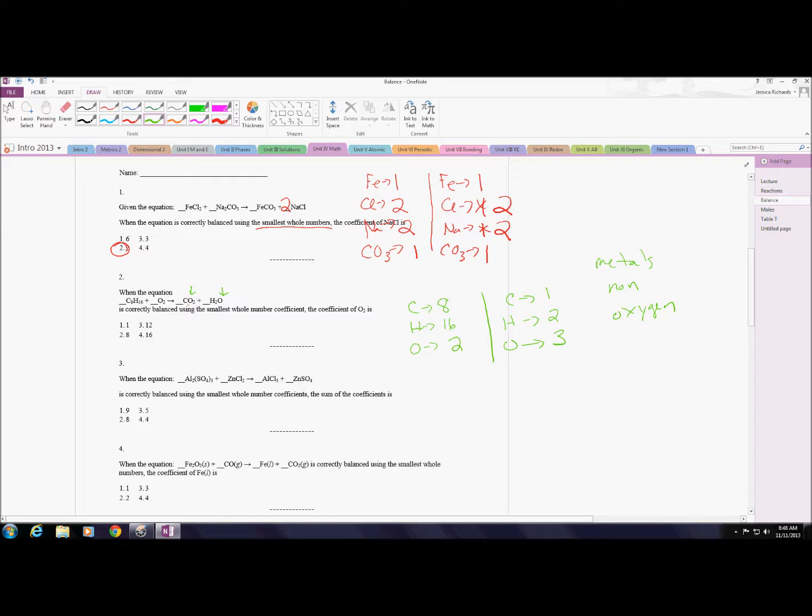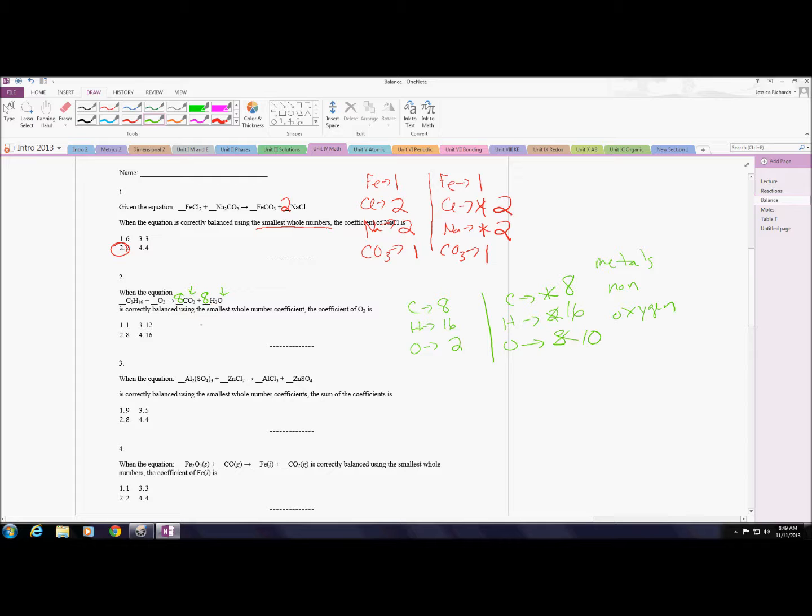So I'm going to get 16 hydrogens here, I'm going to put a coefficient of 8 there. That changes my oxygens. 2 plus 8 gives me 10 oxygens over here. But I also need to get 8 carbons. So I'm going to put an 8 there, which changes my carbons to 8. It's also going to change my oxygens.